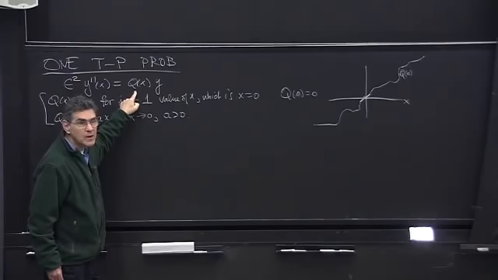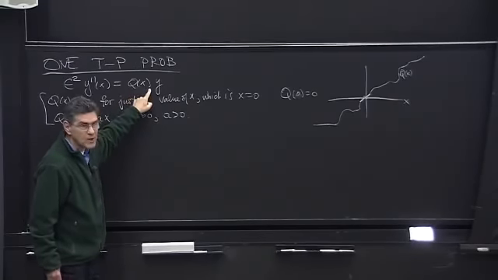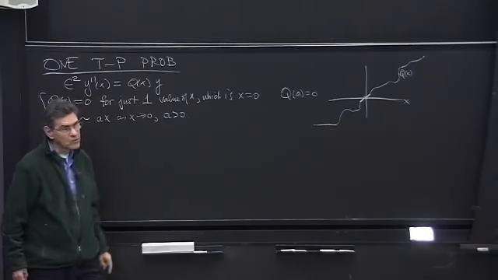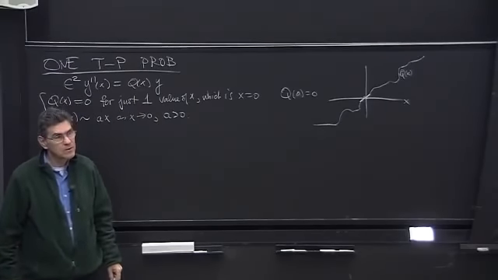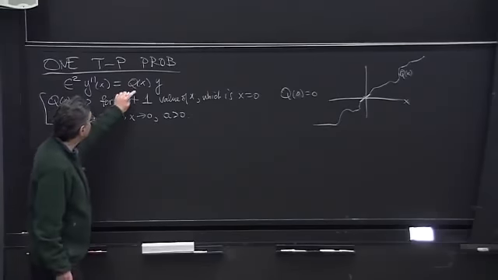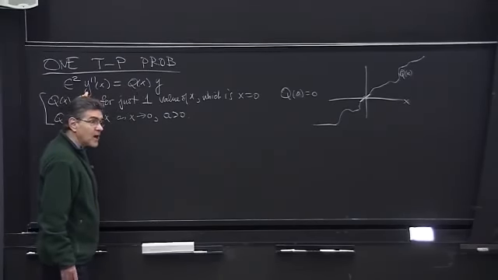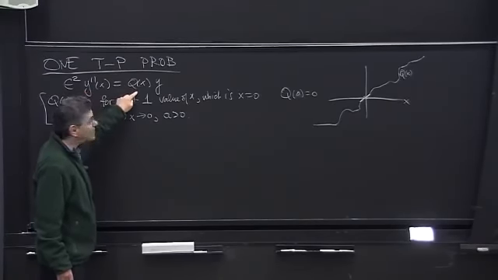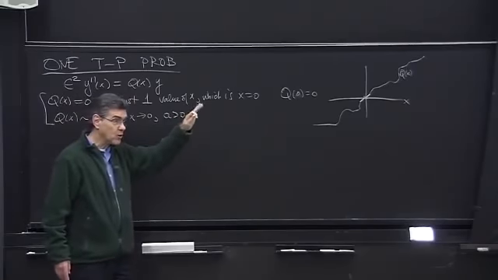Can you tell me what is the character of the solution if Q is positive, and what is the character of the solution if Q is negative? That's right. If Q is negative, this is going to be oscillating. If Q is positive, it's going to be exponentially growing or decaying.